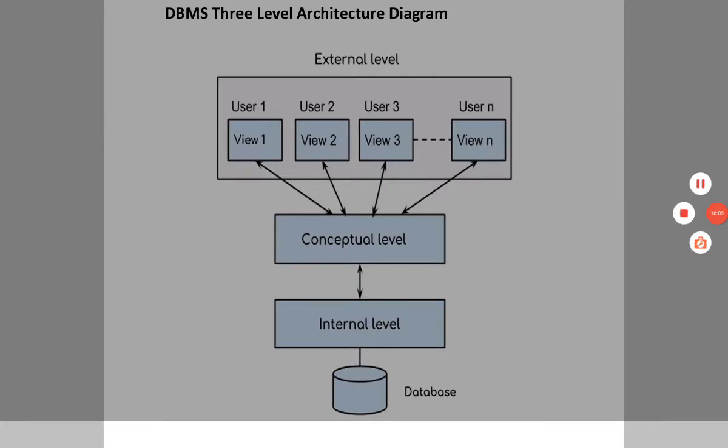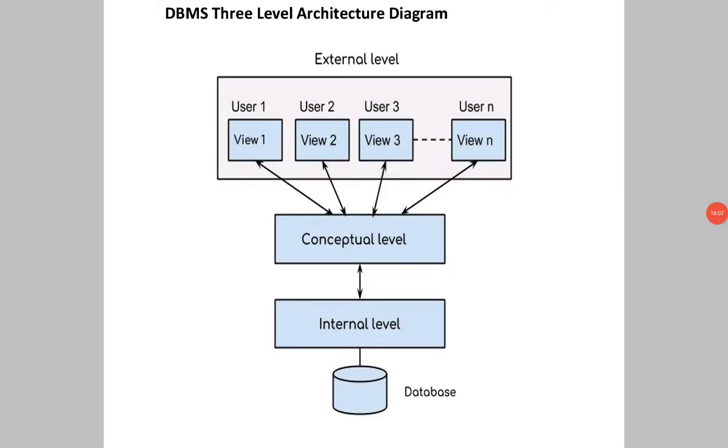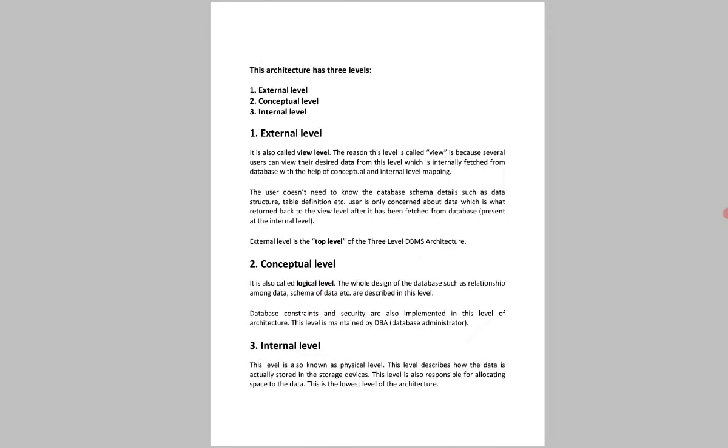In the logical or conceptual view, how the database is designed and how the data or information flows are all explained. And in the internal view, the physical database is defined: tables, fields, structures, constraints, and indexes are all defined at the internal view. The internal view is directly connected with the database, that is the physical view of the database.